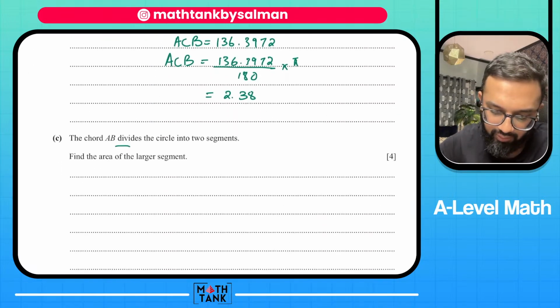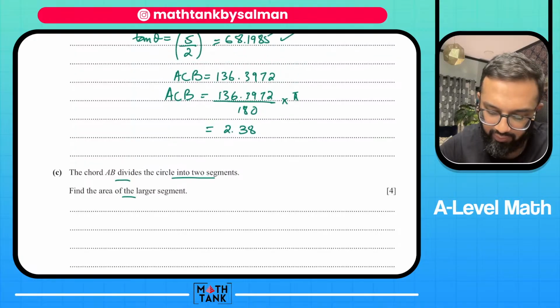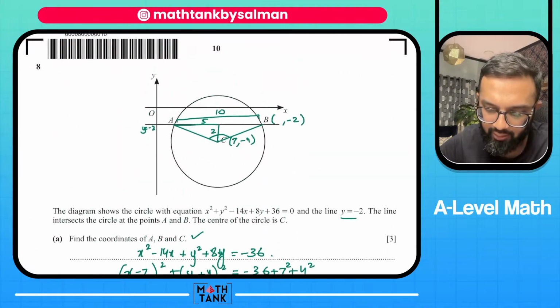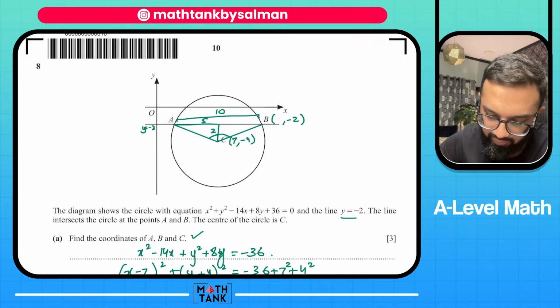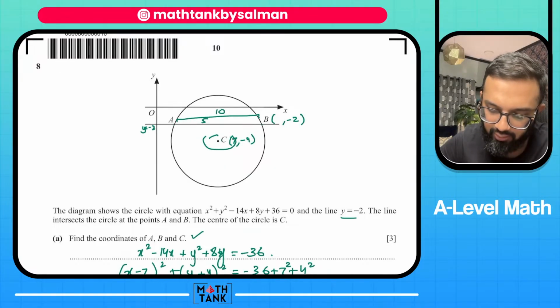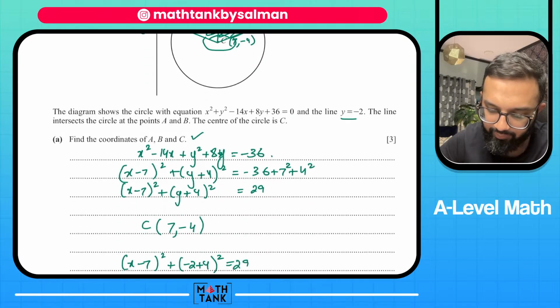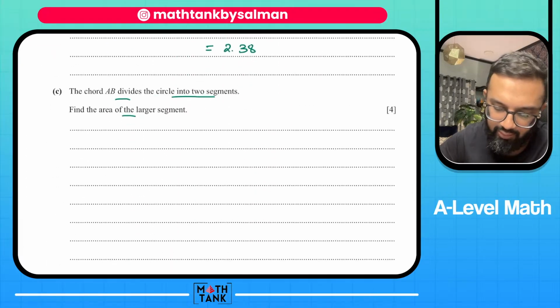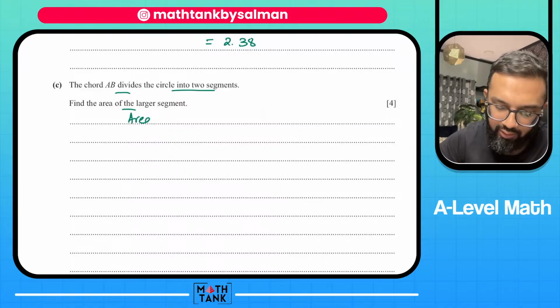The chord AB divides the circle into 2 segments, and we want the area of the larger segment. The larger segment is going to be this entire angle and this triangle with it. Okay. This triangle is simple. It has a base. Area of triangle plus area of large sector.